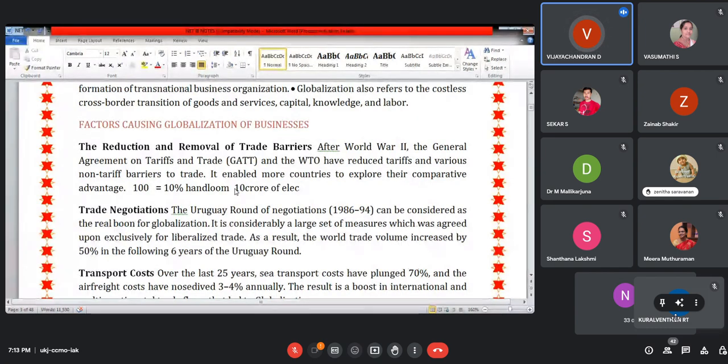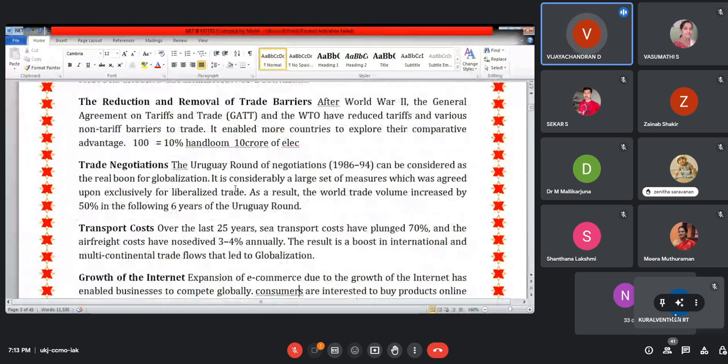That will induce foreign players to do their business in other countries, and trade negotiations are there with the help of GATT or the WTO. The WTO is the organization that will mitigate the risk. They will get involved in the problems in international trade. If there is any problem in international trade, it will be managed by the WTO.